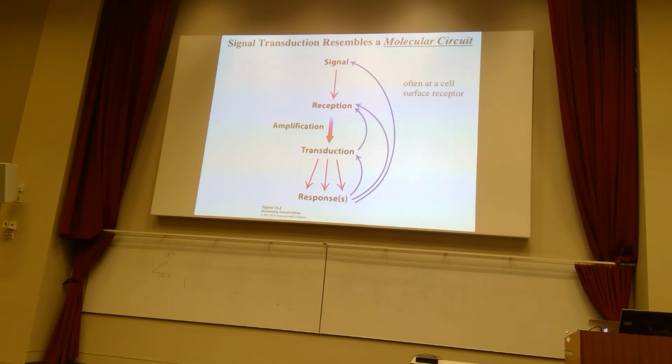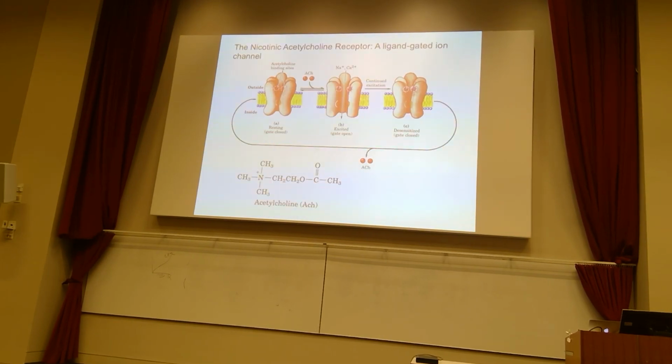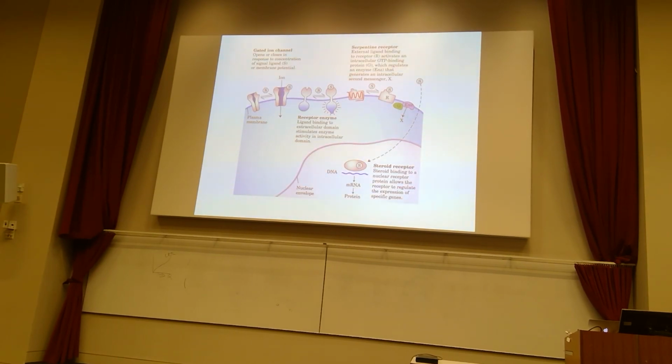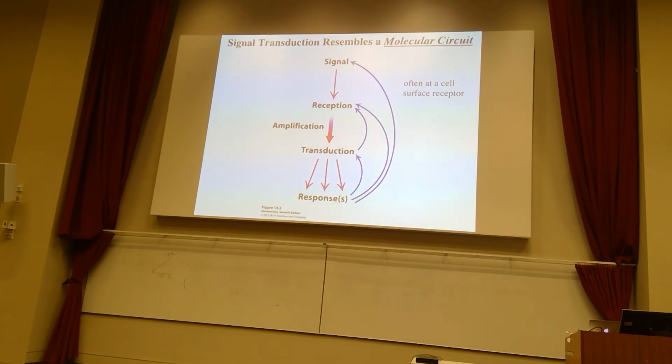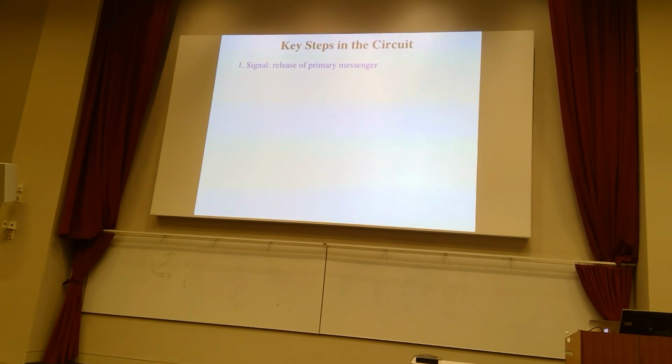When we're talking about the other cases here with respect to receptor enzymes and serpentine receptors, we'll see cases where one small molecule binding on the exterior of the cell can be amplified to provide for a lot of activity inside of the cell, multiple enzymes inside of the cell transducing these responses.